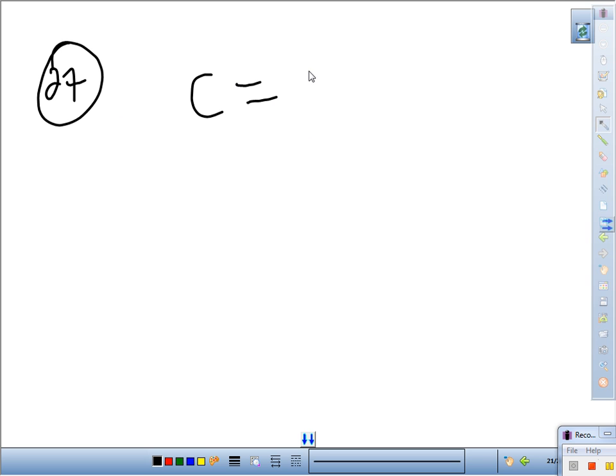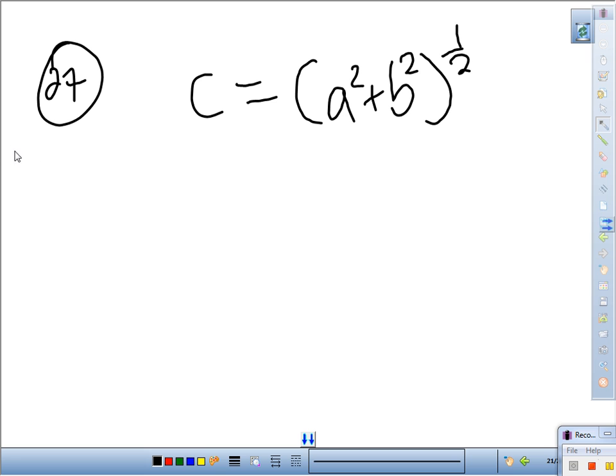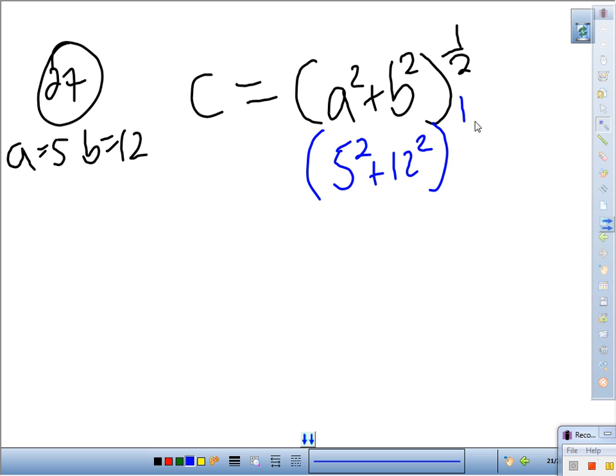Last but not least, look at this one, number 27. They give us the formula C equals, parentheses, A squared plus B squared to the 1/2. And for 27, they say that A is 5 and B is 12. So here I'm going to substitute. A is 5 plus B is 12, parentheses to the 1/2 equal to C. We follow order of operations.